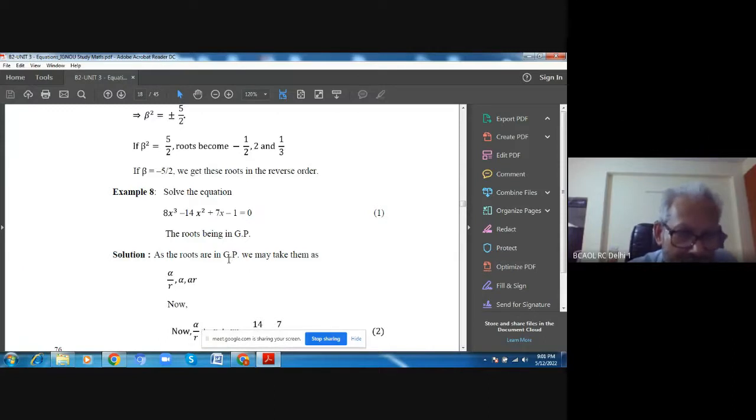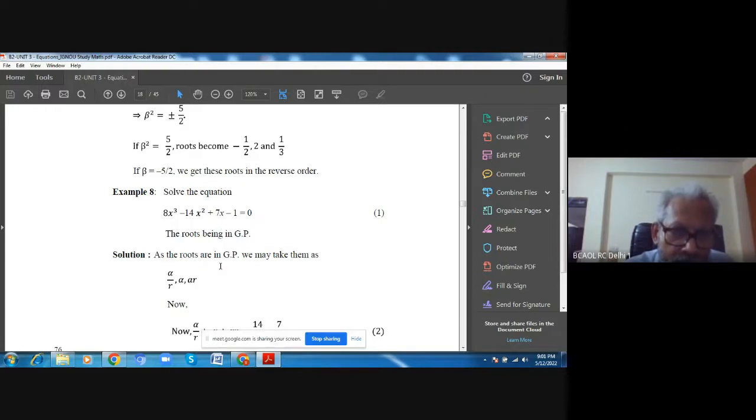We have seen that in GP. It goes like this: A, AR, AR square, AR cube. This is the way series go in GP cases. Okay, so this is the formation of GP roots.